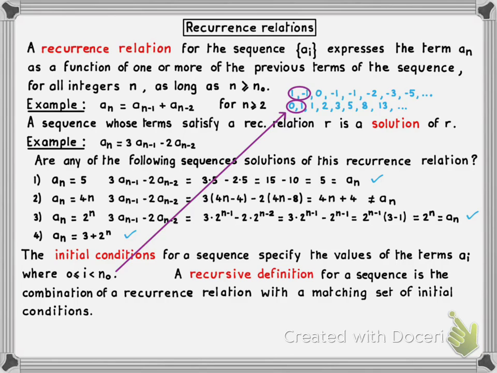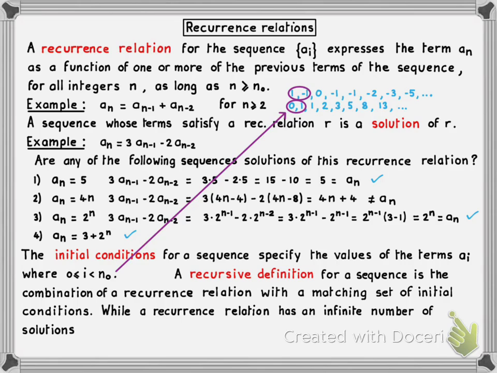So, as should be obvious already from the examples, a recurrence relation has many solutions, as we showed here. Actually, it has an infinite number of solutions. Why? Because there's a different solution for every initial condition that you choose.